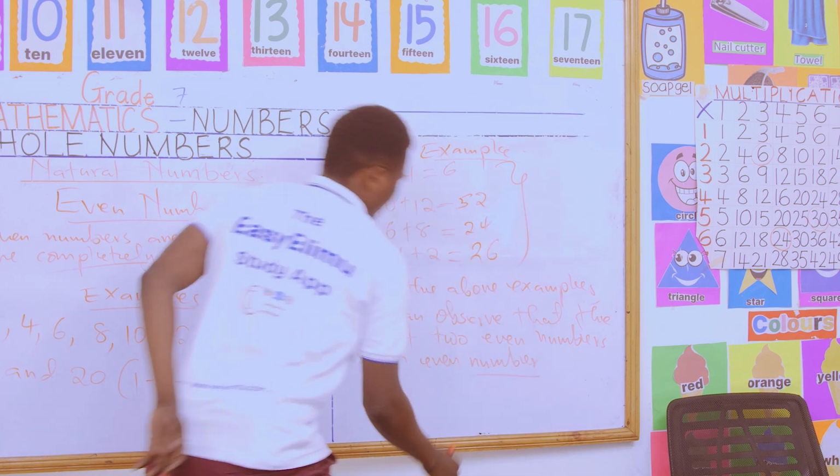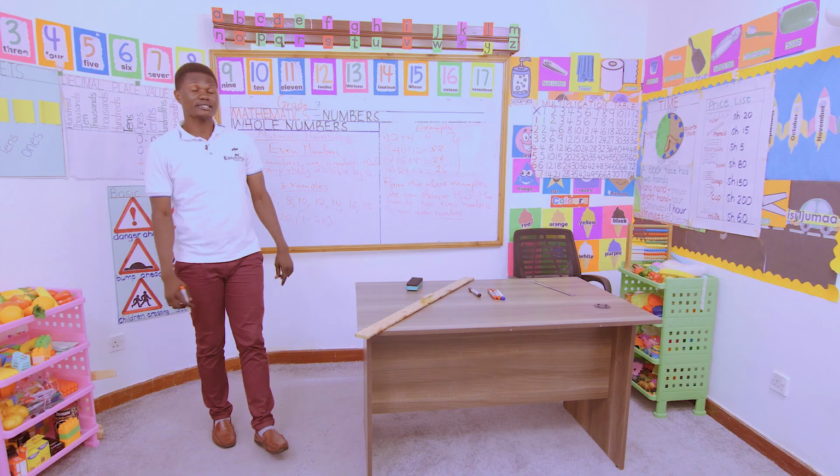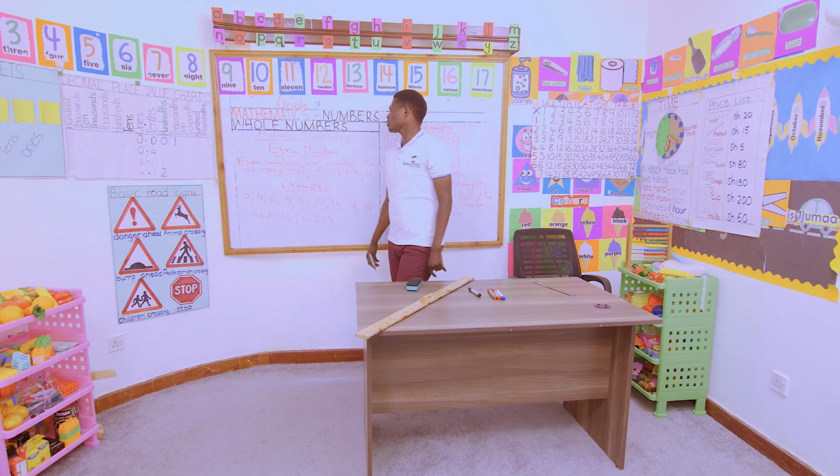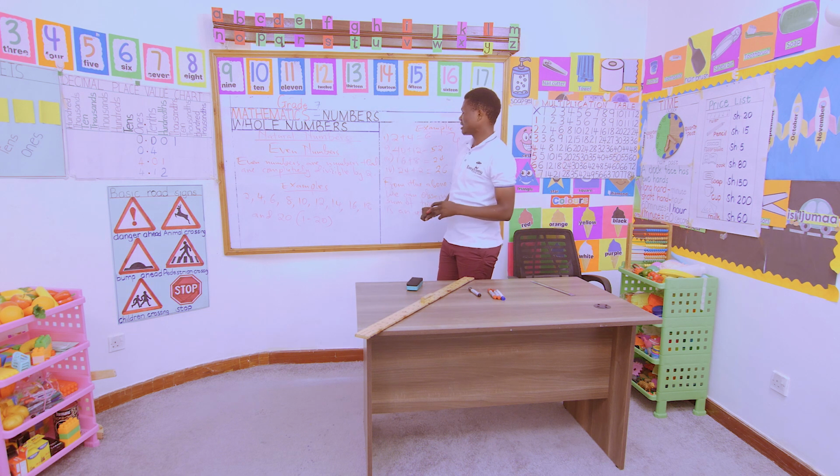The sum of two even numbers is equally an even number. And the sum of two odd numbers is also, what did we say about that? Is also an even number.